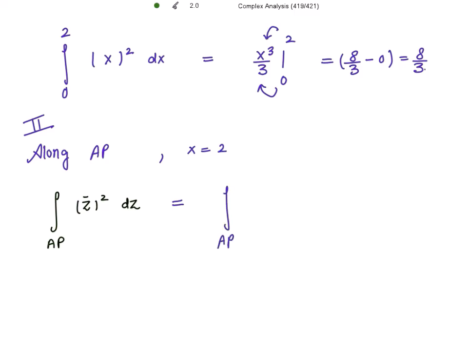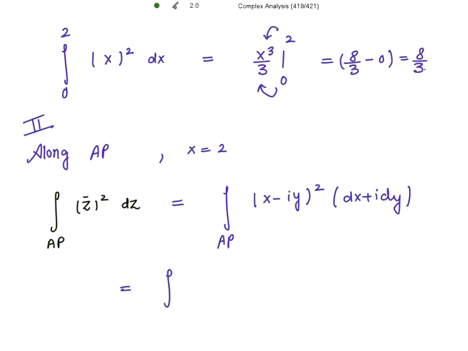So along AP, again I am going to write z bar, that is the conjugate of z, to be x minus iota y, and dz will be dx plus iota dy, right? What is the value of x? I am going to put x equal to 2 over here and then dx will be 0 because derivative of a constant value is 0.